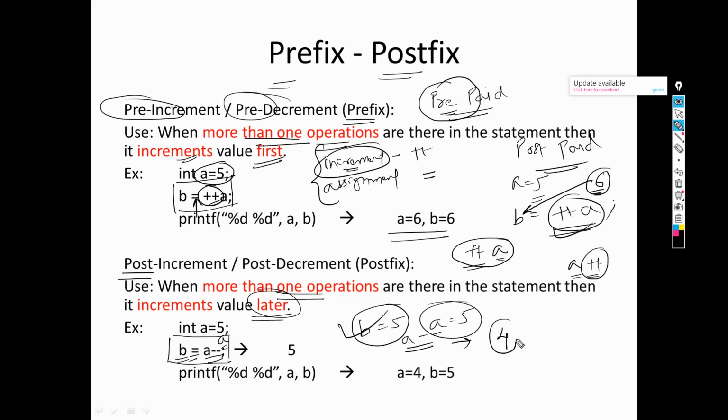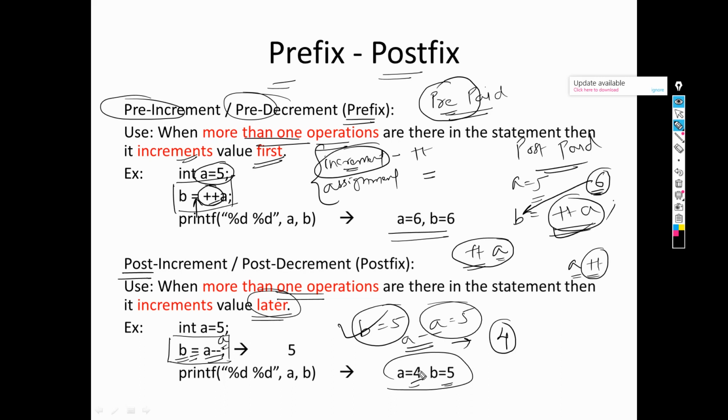So now the value of a is 4. So if you look at the answer, then b equals to 5 because the assignment operation completed before decrement. Okay, that's why b equals to 5 and then the decrement operation is performed so that a is 4.